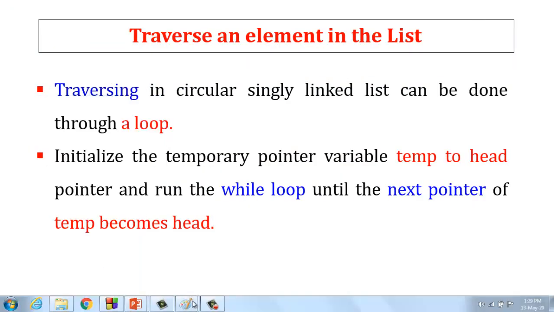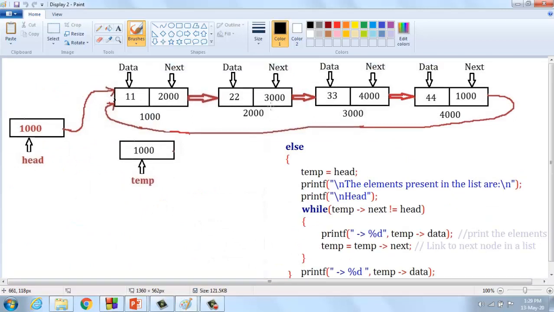And the second possibility is that there are n number of elements present in the circular singly linked list. Take an example, if you have 4 nodes present in the circular linked list, our aim is to print the output 11, 22, 33 and 44. So using the else part, the first part is if head pointer equal to null, and the else part is where you check the conditions. I am going to initialize temp equal head. What is the head pointer value? It points to the first node in the list.